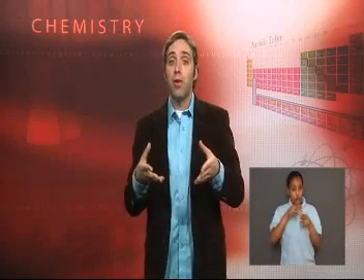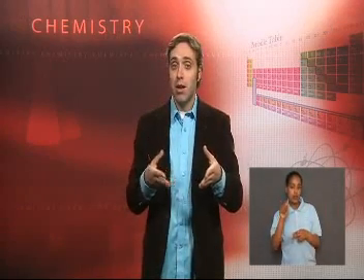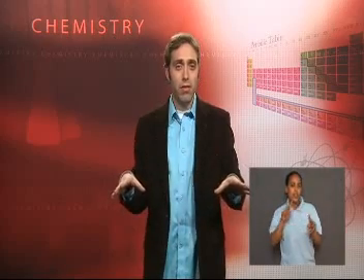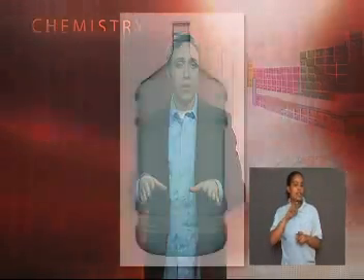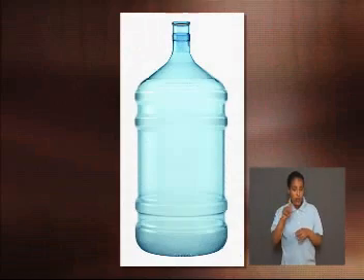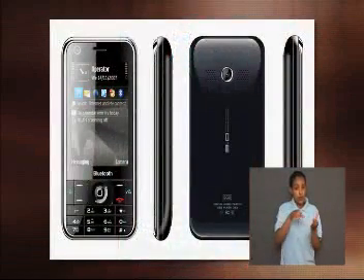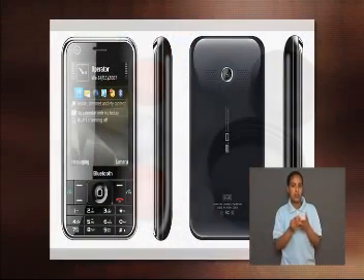Great job, students. You have learned the basics of thermoplastic polymers. Thermosets, also called thermosetting plastics, are very different from thermoplastics. Thermosets are usually liquid or malleable prior to curing.